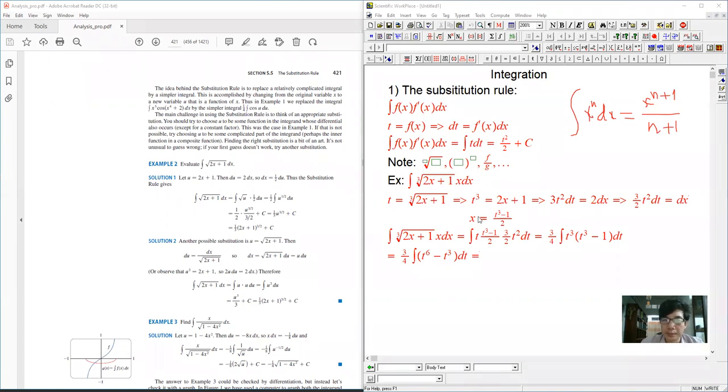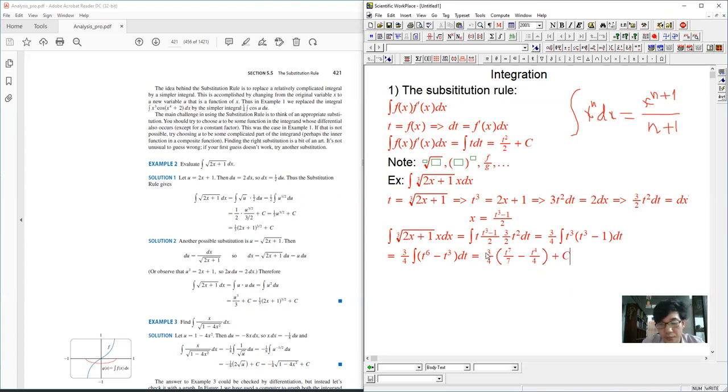So we could integrate this function like this: 3 over 4 times, increasing the power of t by 1 unit, t power 7 over 7 minus t power 4 over 4.